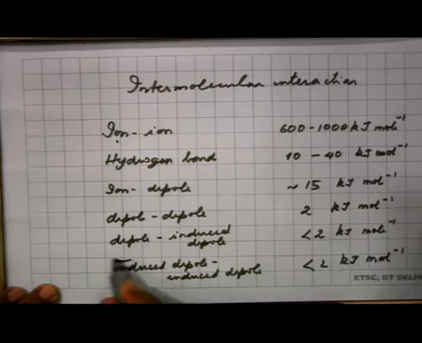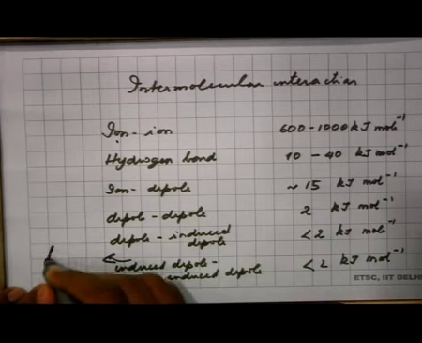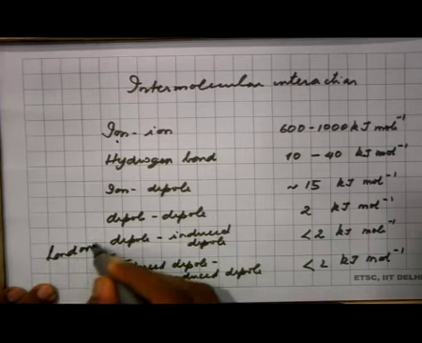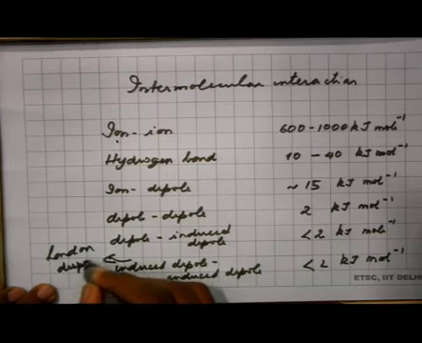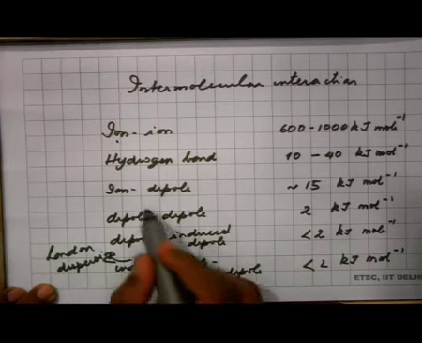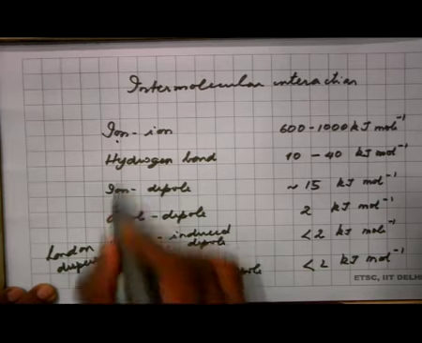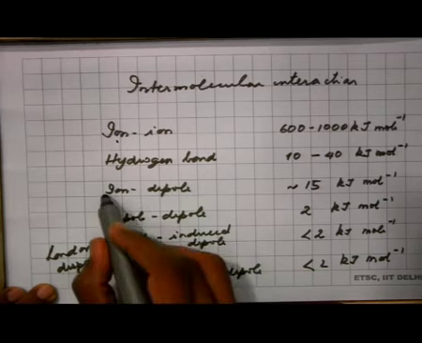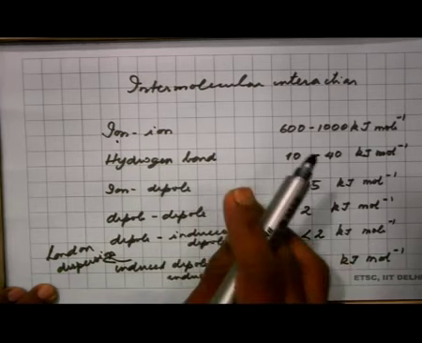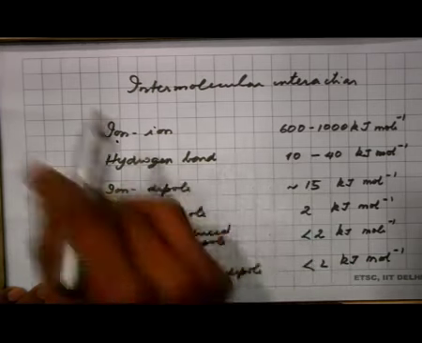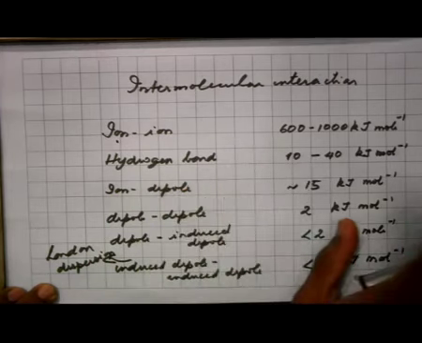This one, people might call London dispersion. And often all of these, maybe the ion-ion and the ion-dipole excluded, would be called van der Waals interaction by some people.